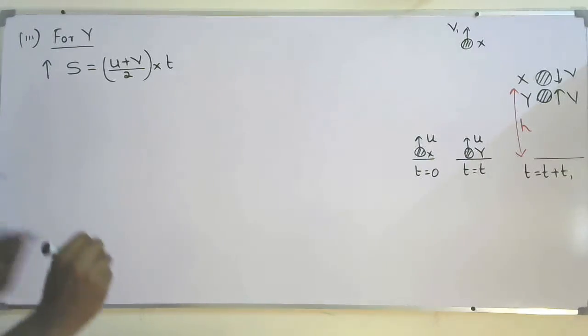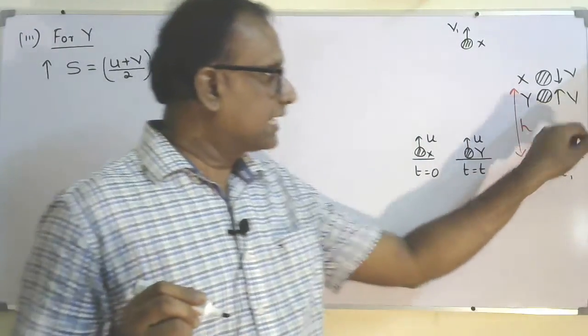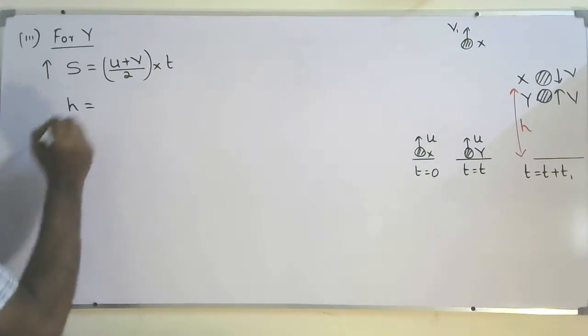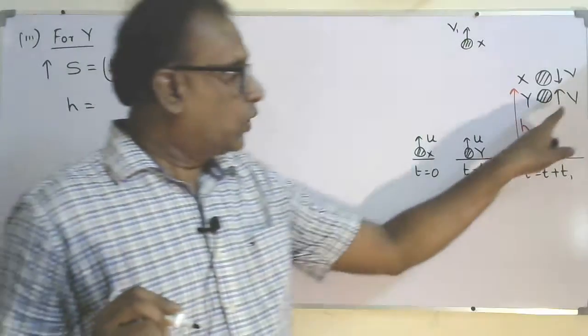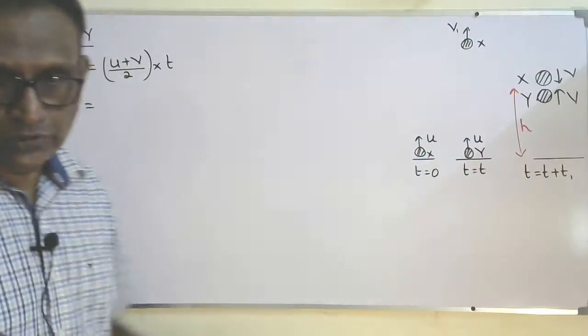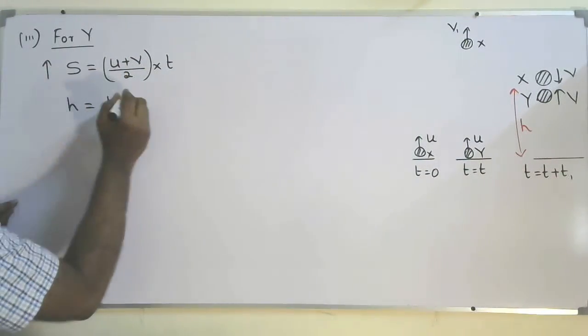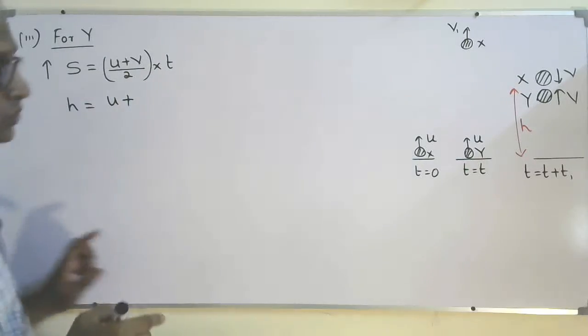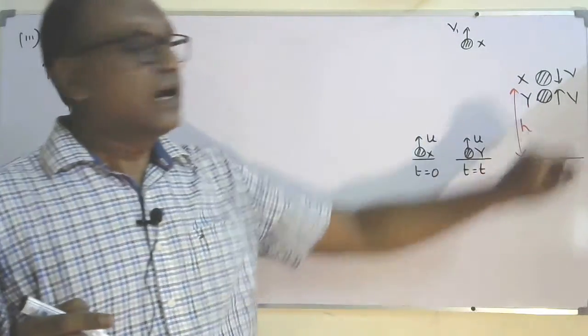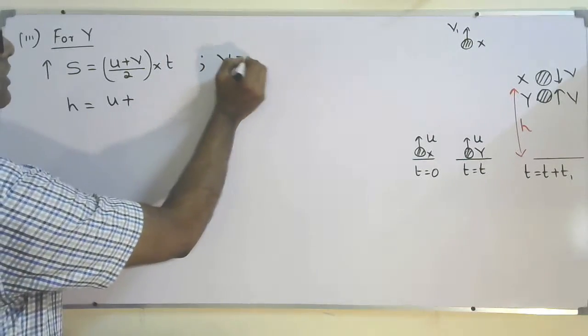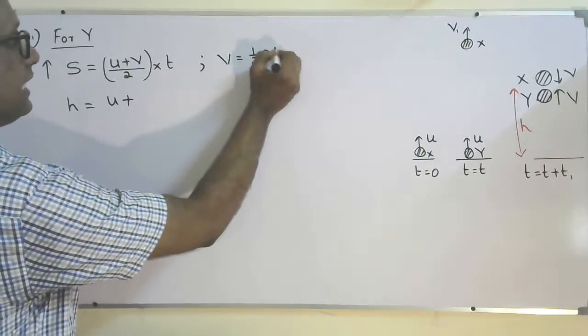So the height at which they are hitting each other is given as h. I need to get an expression for h. So h is equal to the initial velocity of ball y, which is u, so I should put u for that. u, which is upward direction, plus v, also upward direction. But we got an expression for v. We already derived v equal to half gt.